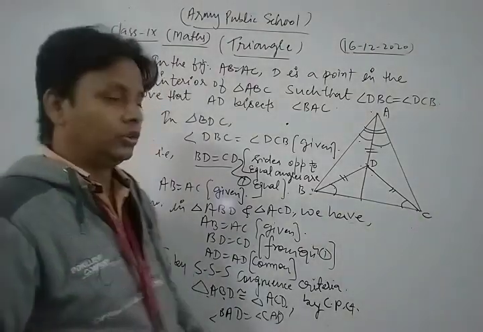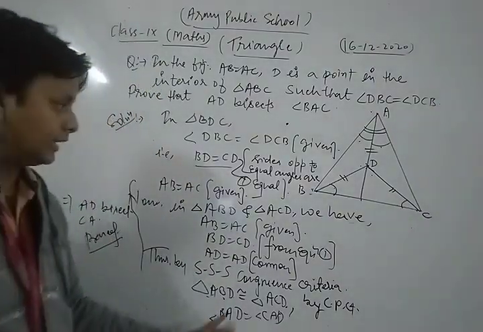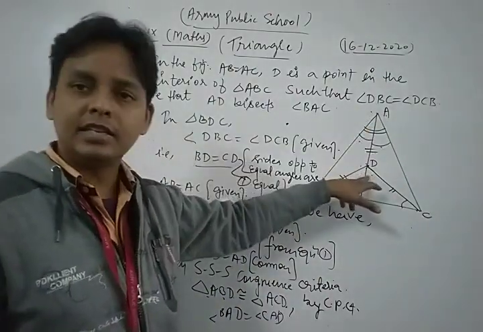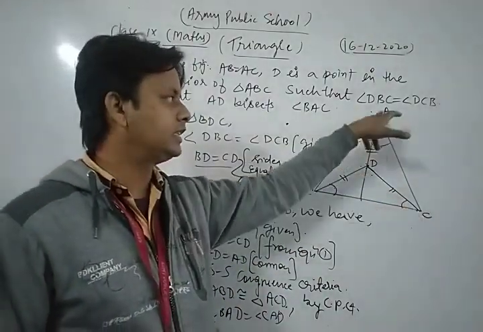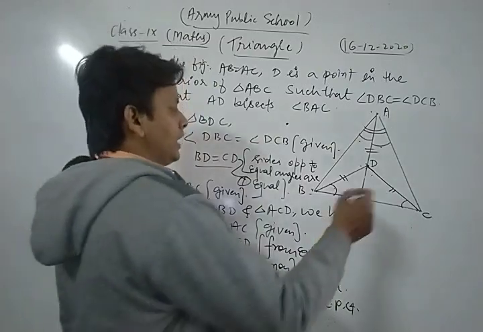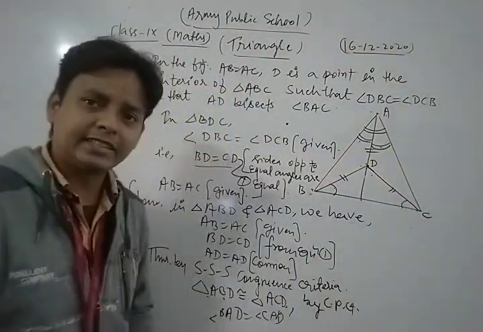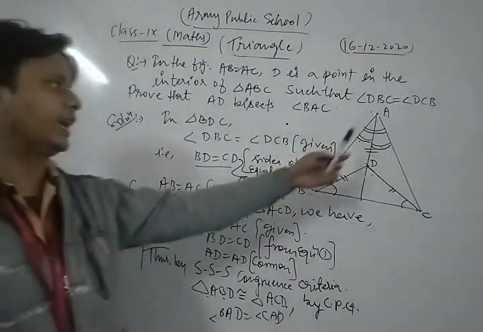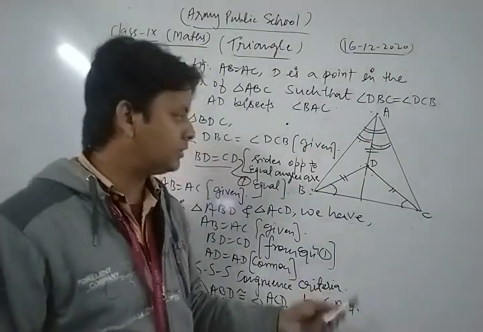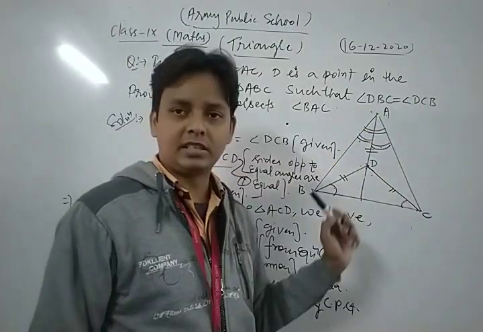Here we have to show that angle BAD is the same as angle CAD. Then, dear student, we can say that AD bisects angle A. Angle A means angle BAC.